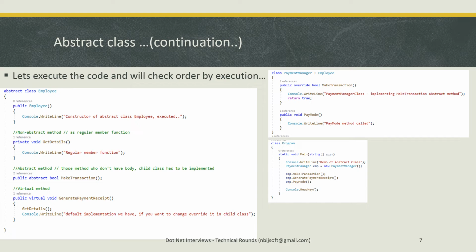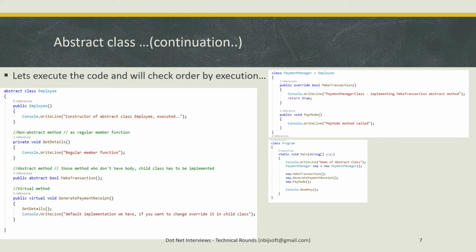The second one, I created an object of PaymentManager, which is our child class: emp is equal to new PaymentManager. So now you can access emp.MakeTransactions, which is fully implemented by PaymentManager. It shows the message "PaymentManager class".